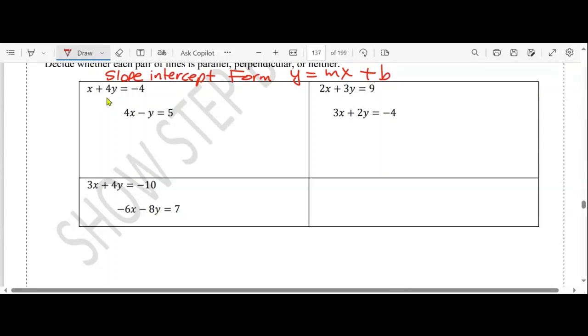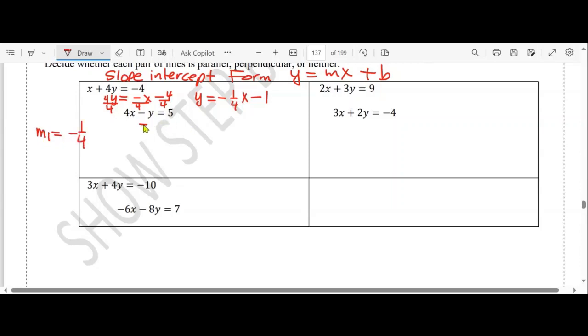No. So we have to make it so. 4y equals negative x minus 4. Divide by 4. So it's going to be y equals negative 1 over 4 x minus 1. So how much is the slope for the first one? Negative 1/4. So m1 equals negative 1 over 4.